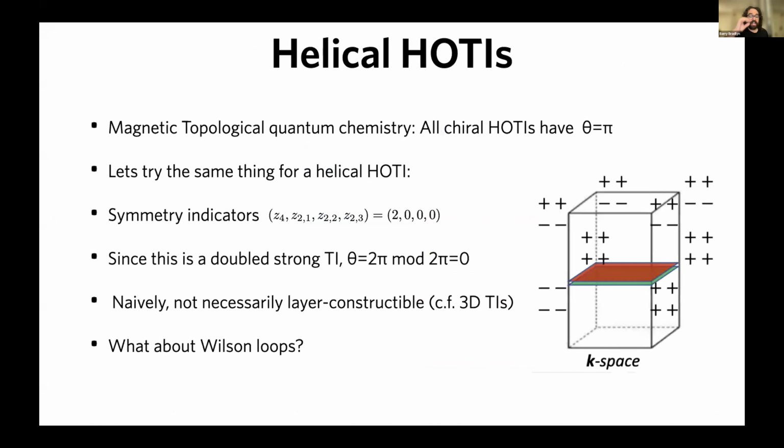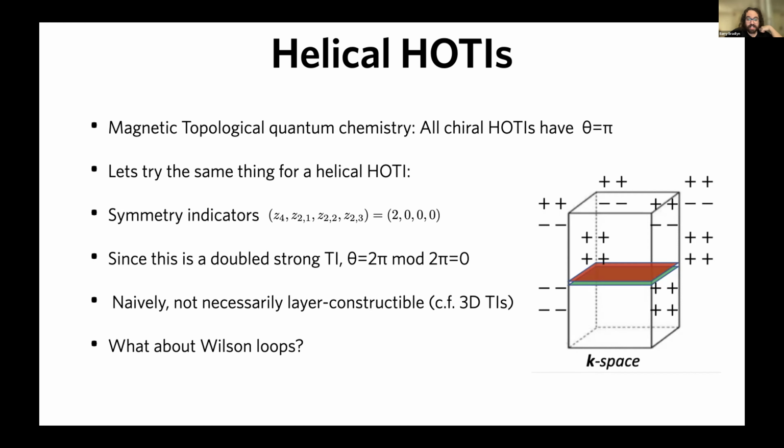Okay, so let's try and extend these observations to the helical halides, the ones that preserve time reversal symmetry. Magnetic topological quantum chemistry has told us that all chiral halides have theta equals pi, so we understand those. Okay, for the helical halide, we get this by taking a 3D strong topological insulator and doubling everything.